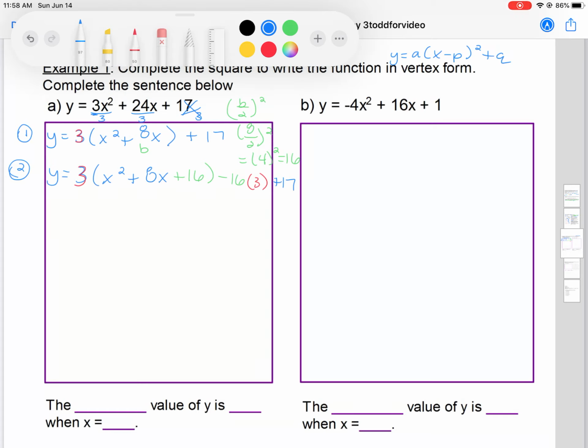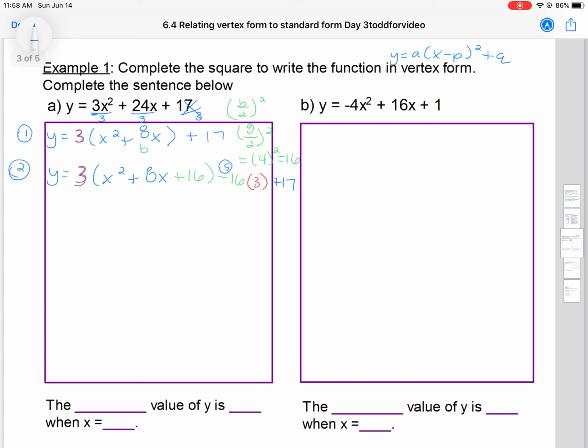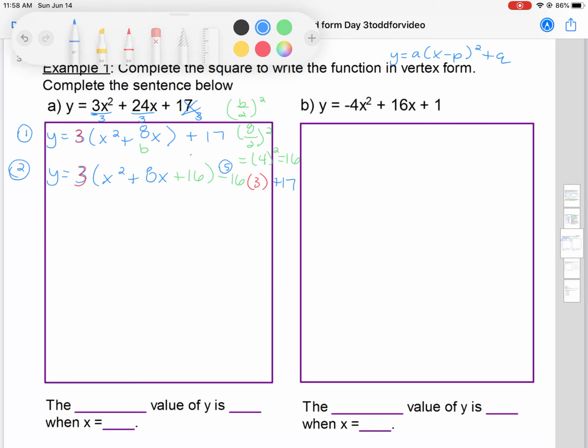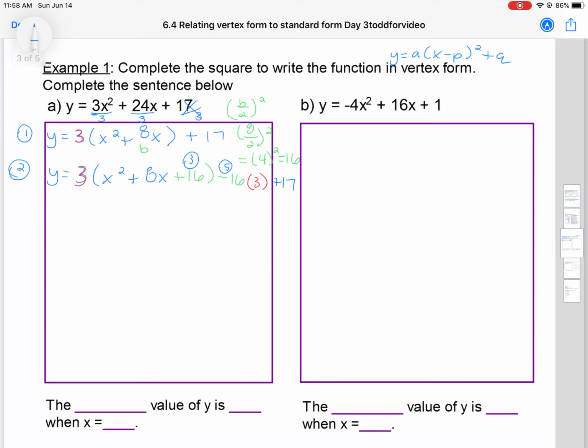So let me see if I can write step number 5 in there. Okay. And then you can factor, which is step 3. Oh, add and subtract, that's step 3, that's right here. And then you can factor.